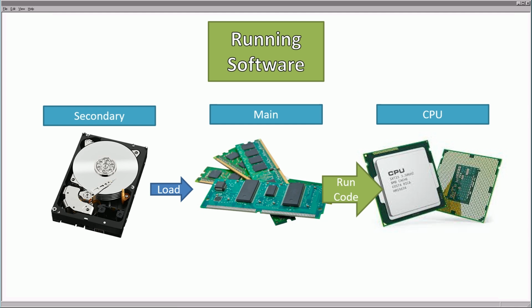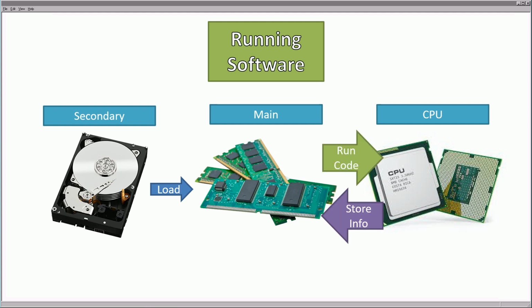So in essence, it can start running the code from the main memory. Now, the CPU also utilizes the main memory in order to store information and also modify information. And we can just basically think that most of our programs are running in this cycle. The CPU runs the instructions, the memory stores the information.